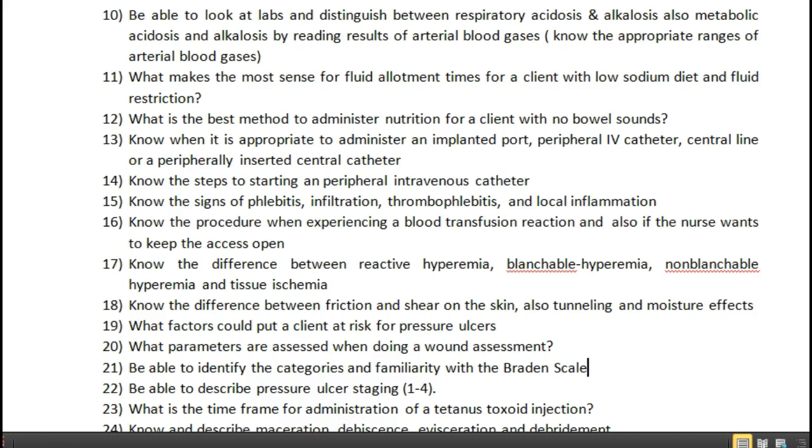Infiltration is basically when the IV fluid is leaking into the subcutaneous tissue. For whatever reason, maybe the catheter actually went through the vein, and instead of the fluid getting into the actual vein and into the circulatory system, the fluid is going around the surrounding tissue.